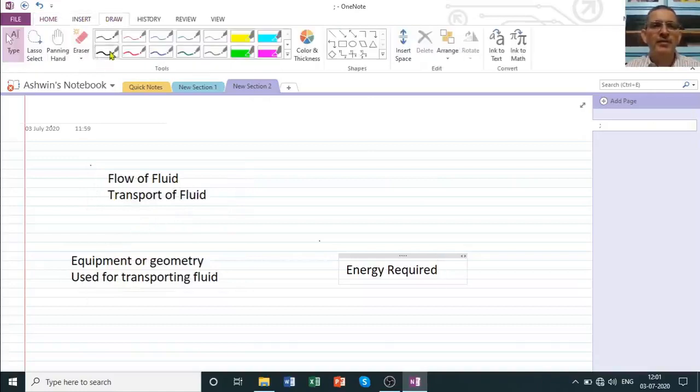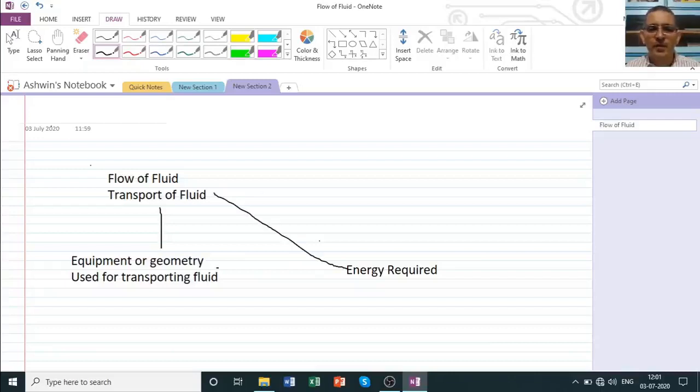So these three things are integral to each other, and throughout this course the geometry that I use dictates how much energy I require, how much power I require. How much fluid is to be transported decides how much energy is required.